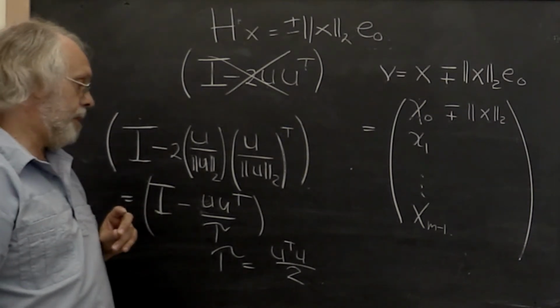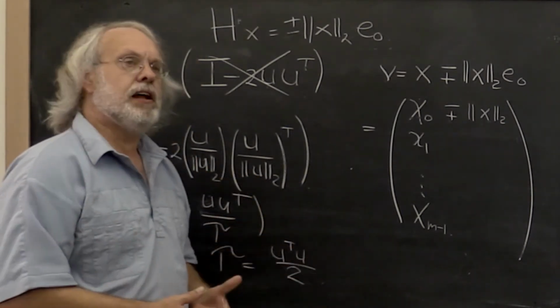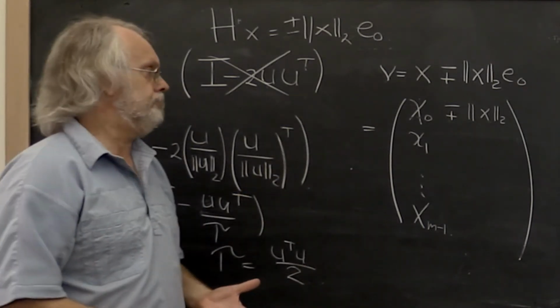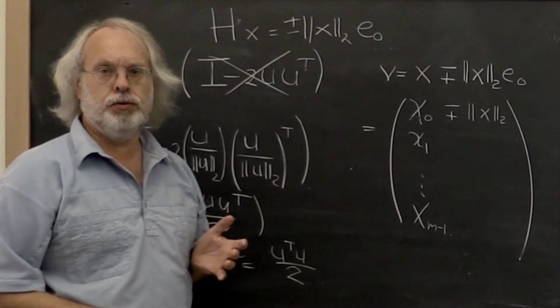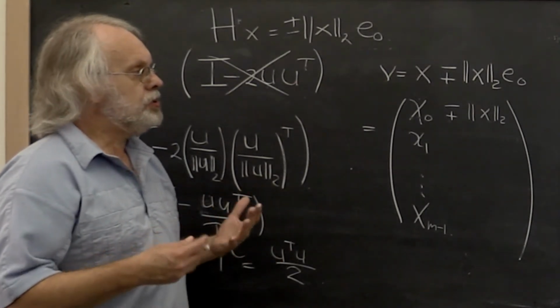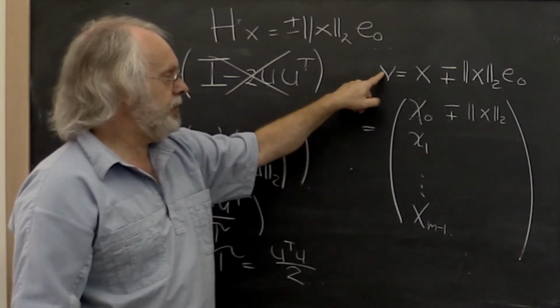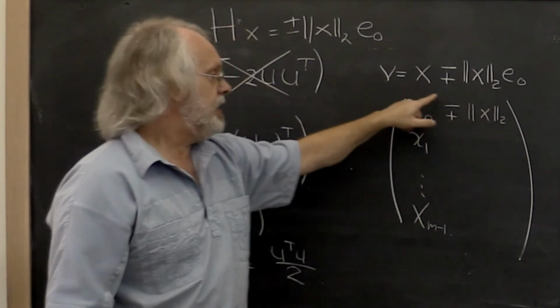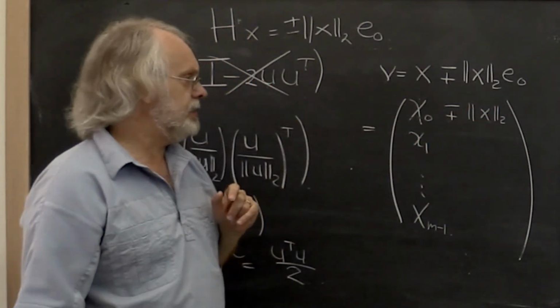Now, you can ask yourself, we can scale v any which way we want in order to create a vector u. What's the best choice? It turns out that for practical reasons, the best choice is scaling v in such a way that this entry here becomes 1.